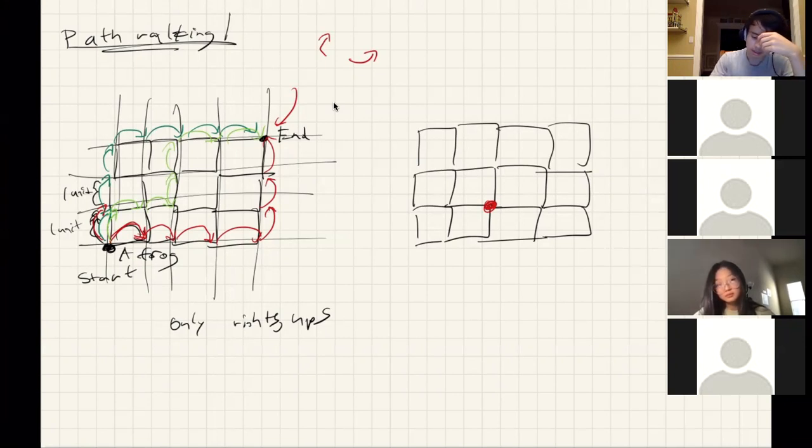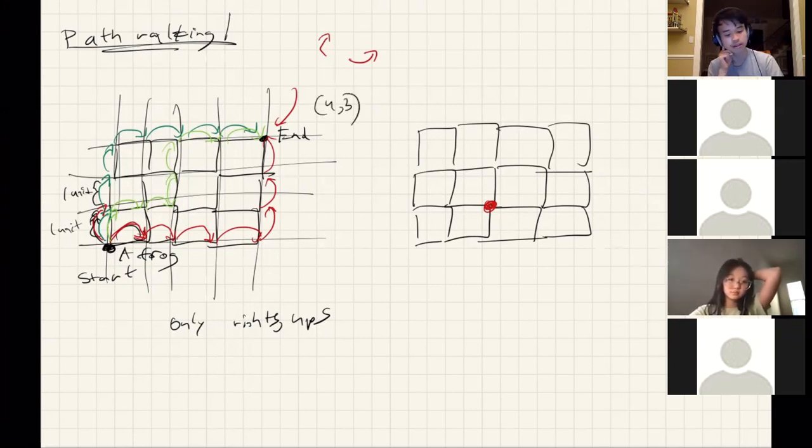If the endpoint is really close to the start point, then counting the number of paths is going to be pretty easy, but if you put the endpoint somewhere farther away, it's going to be a little harder to count.